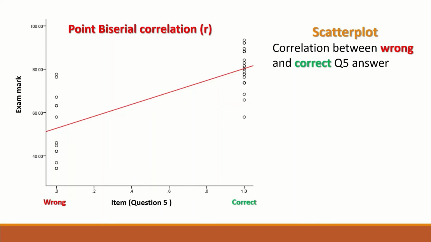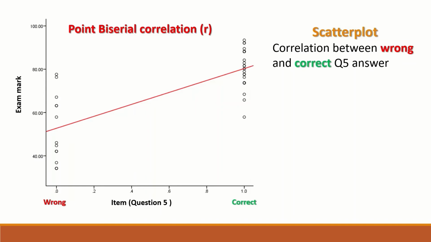As we can see here, most of the students who answered question number 5 correctly tend to have a higher overall exam mark, compared to those who answered question number 5 wrongly, who tend to have a lower total score or total mark.